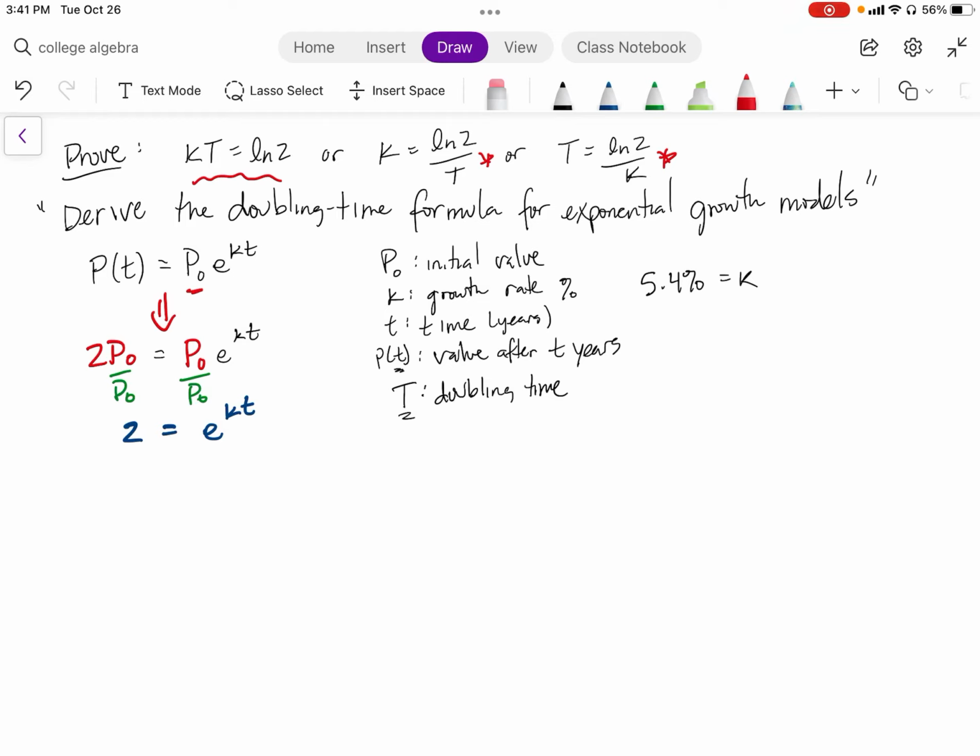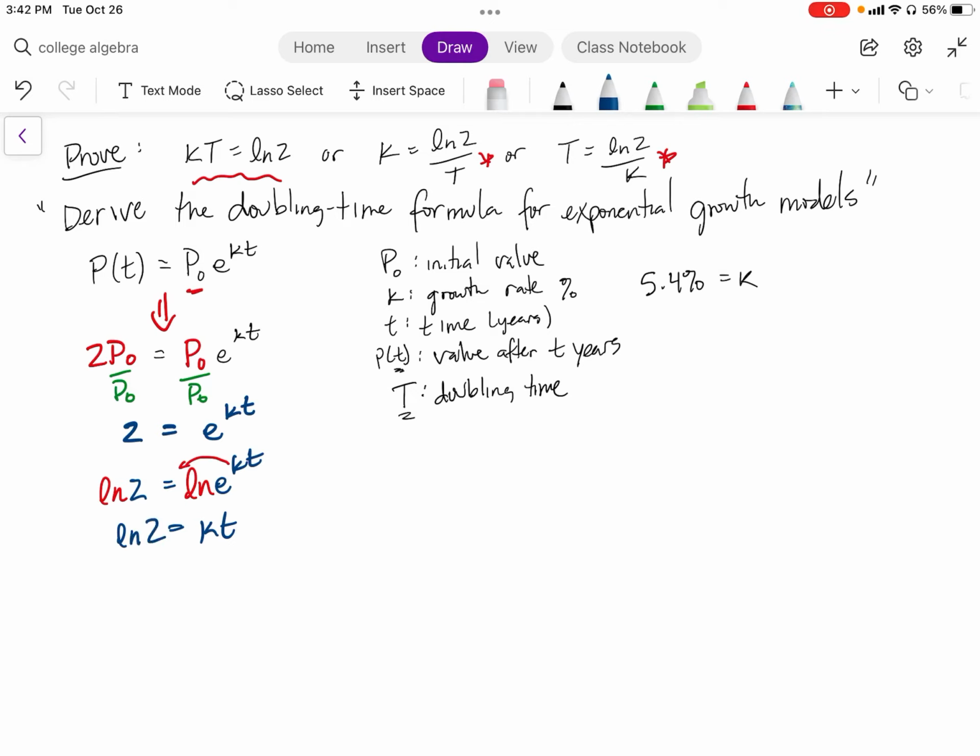I would have just written ln on both sides, because that cancels the e and essentially brings the kt down by the power rule of logarithms. So now we have kt equals ln2.